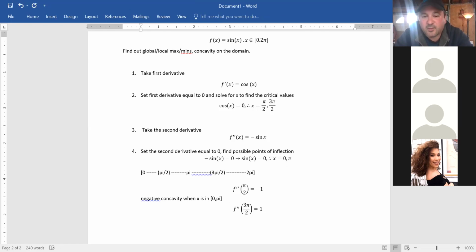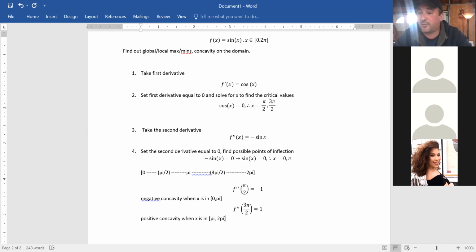And so that means in the interval, we have positive concavity when x is in the interval of pi to 2 pi. That would be the positive concavity interval. That was not the second derivative test.